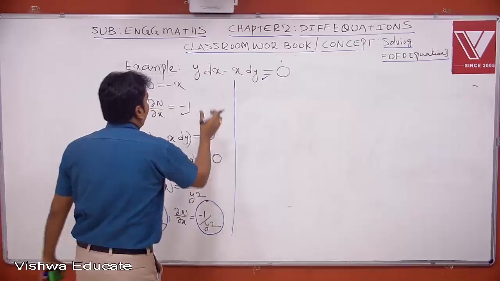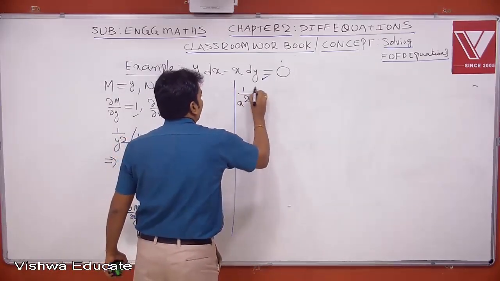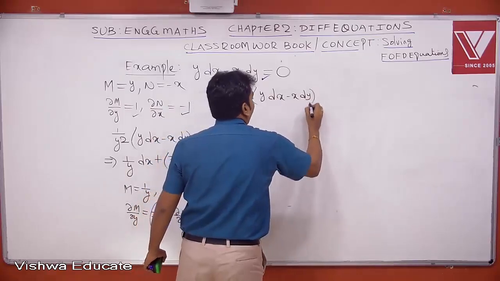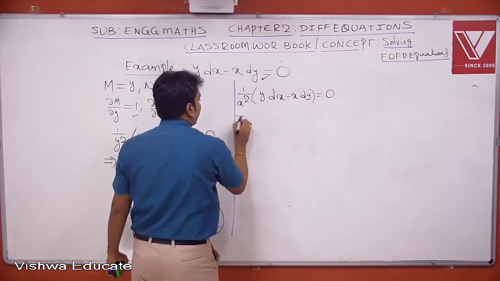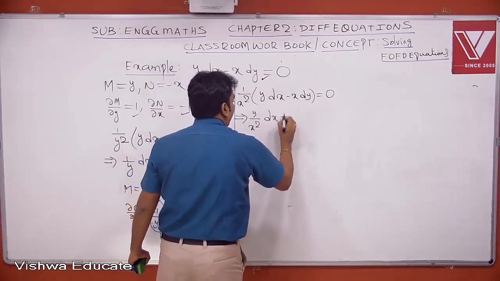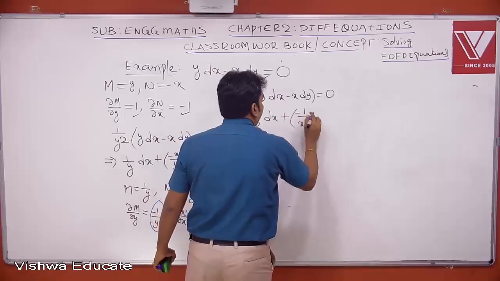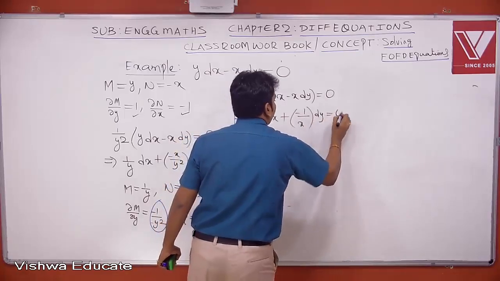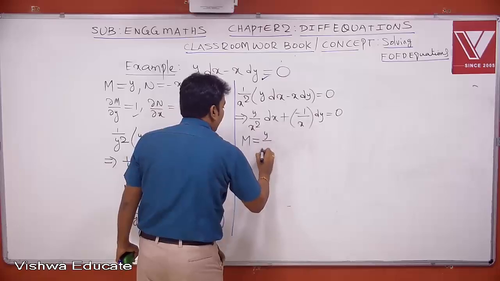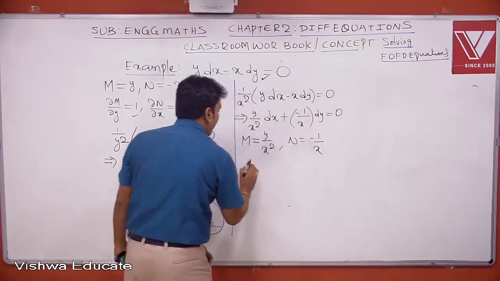Let us multiply this equation with 1 by x square. 1 by x square into y dx minus x dy equal to 0. This implies y by x square into dx plus minus 1 by x into dy equal to 0. So the latest values of m and n are y by x square and minus 1 by x.